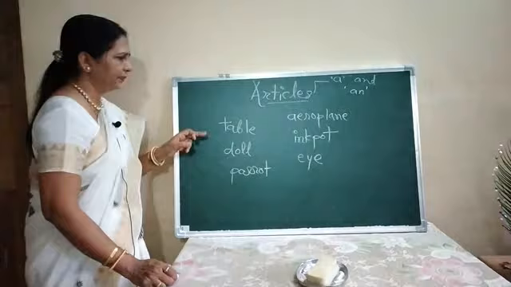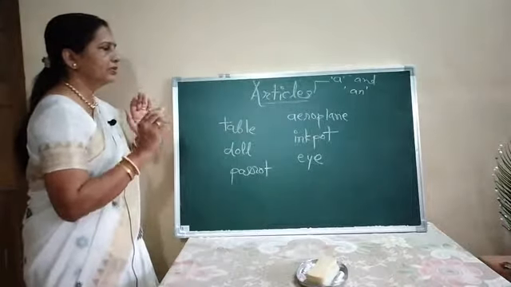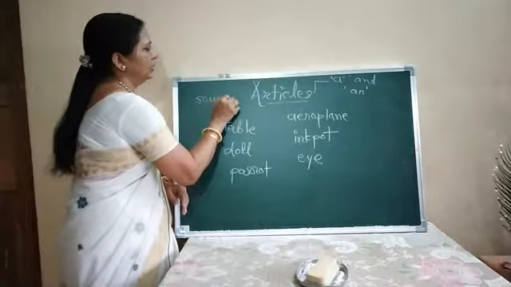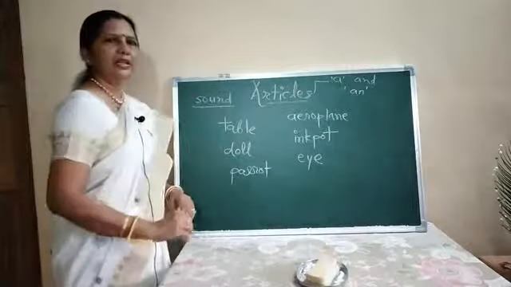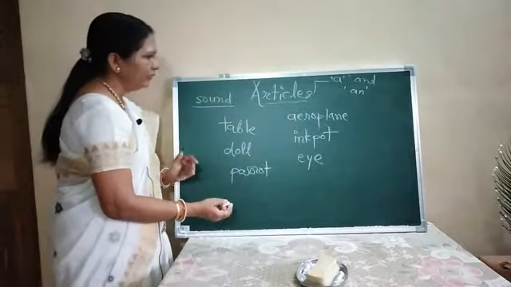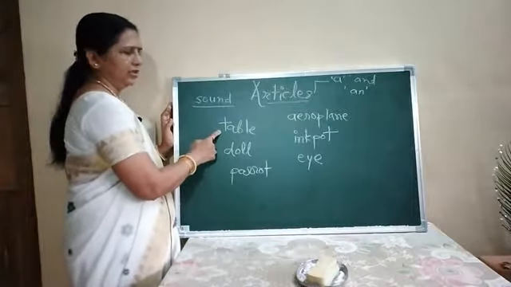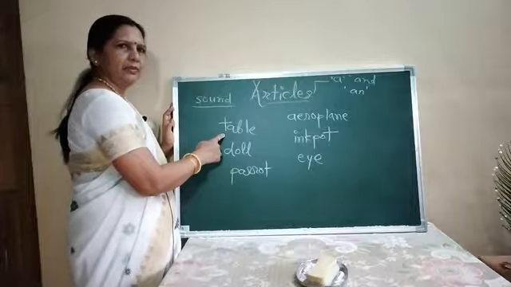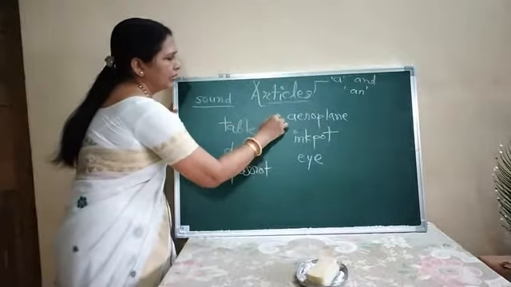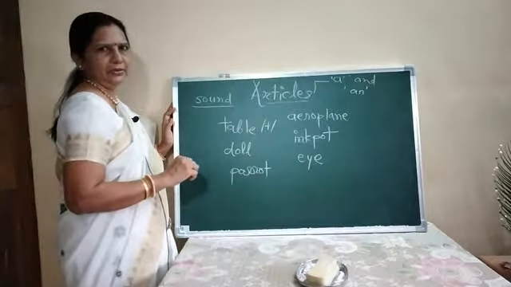See this verse. Now, always you should think of the starting sound of the noun. All these are nouns. And when we pronounce them, see this one. How to pronounce? Table. We are starting with the linguistic th sound.